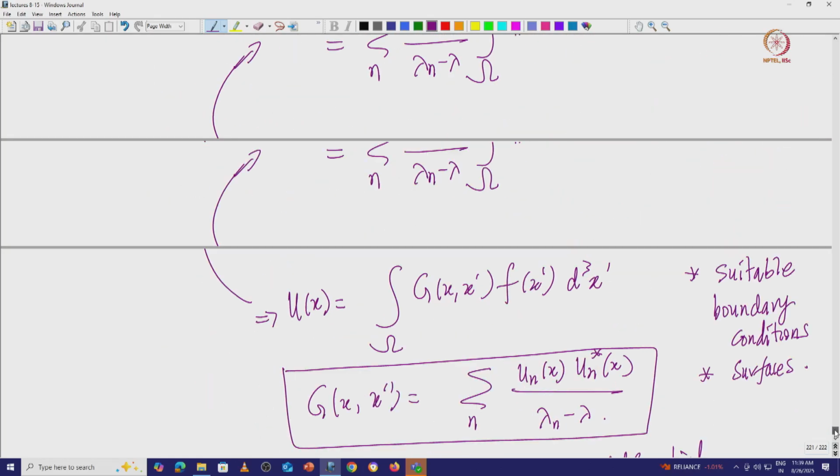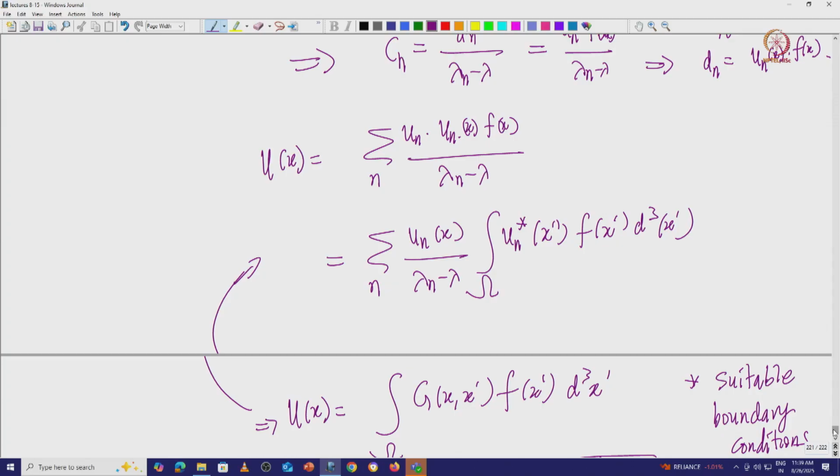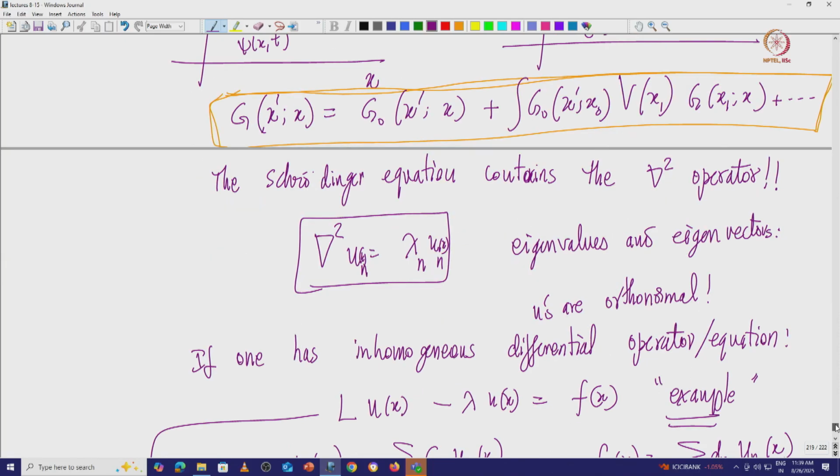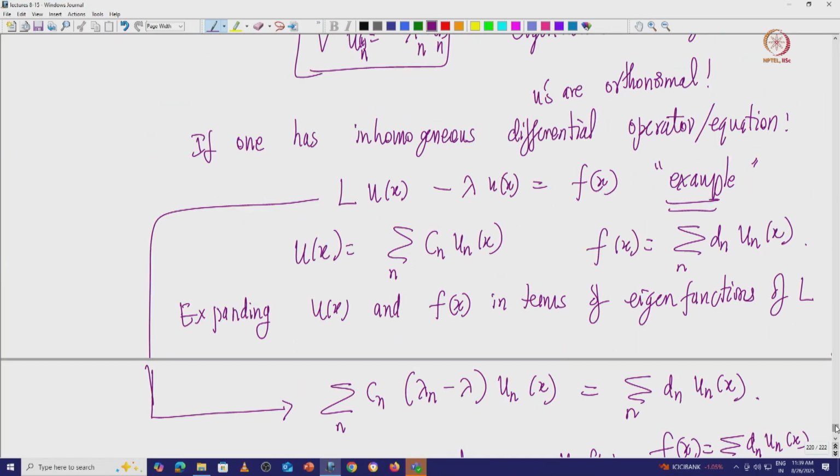Now, this is the differential equation solution for the Green's function, but what I am doing is taking the differential operator and its eigenfunctions, say if it is just the Laplacian, let us say these eigenfunctions are un of x.